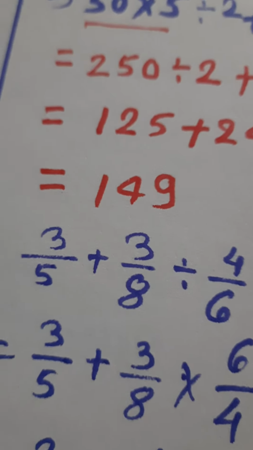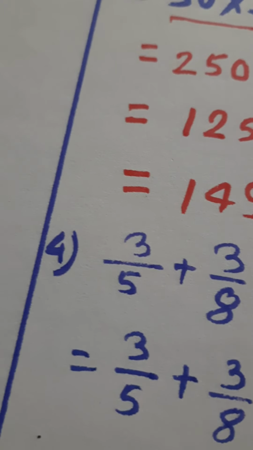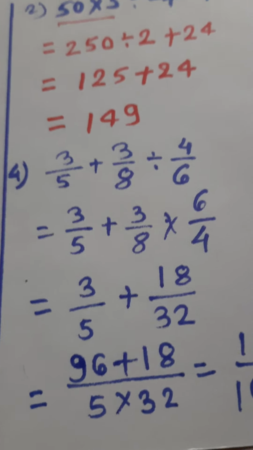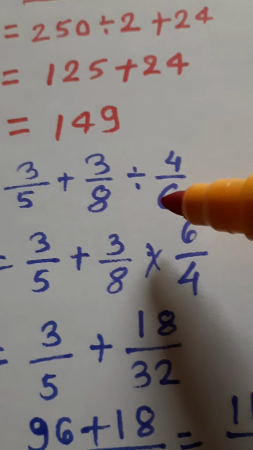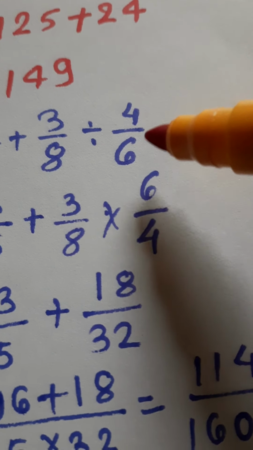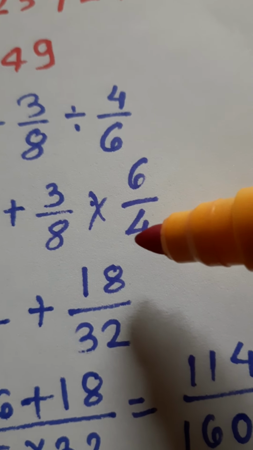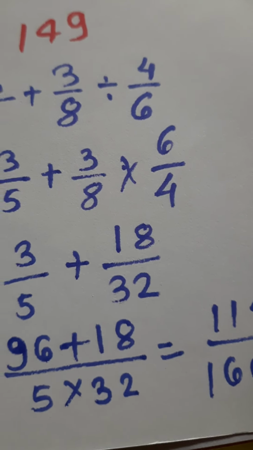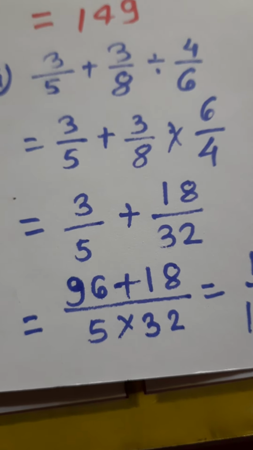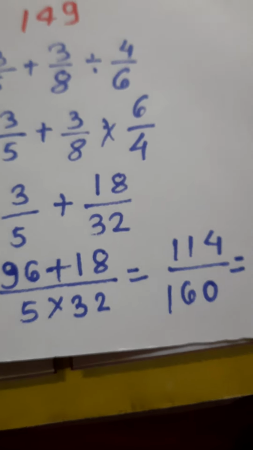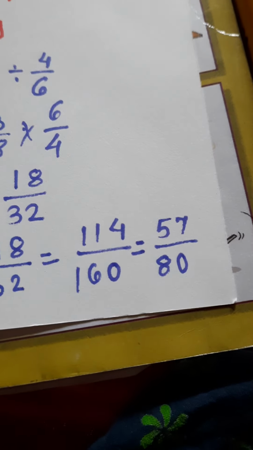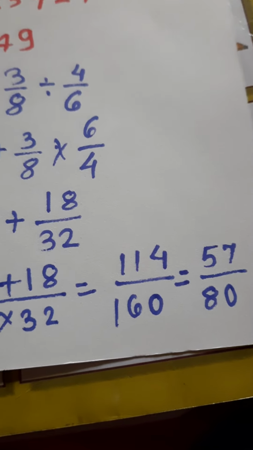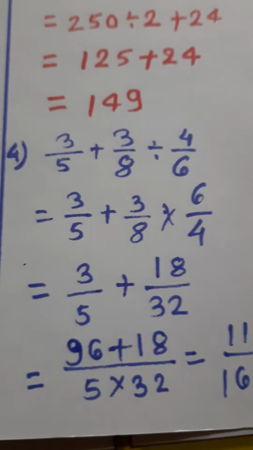First we have to do this division and then addition, that is, multiply: numerator and denominator swap, the numerator goes to the denominator. Okay. And from this we have to do addition. We have solved the example and the answer will be 57 upon 80. Okay, thank you.